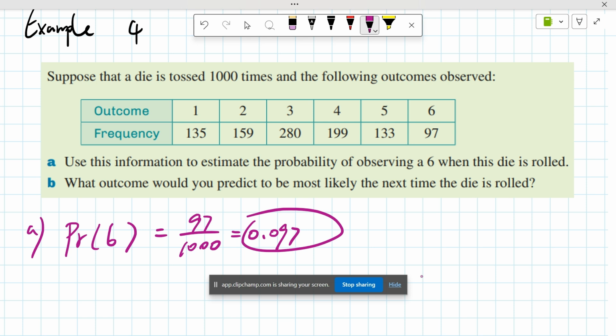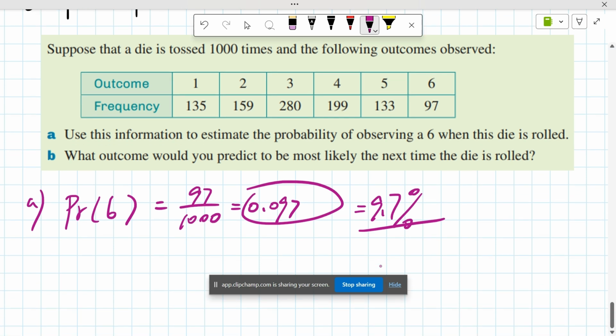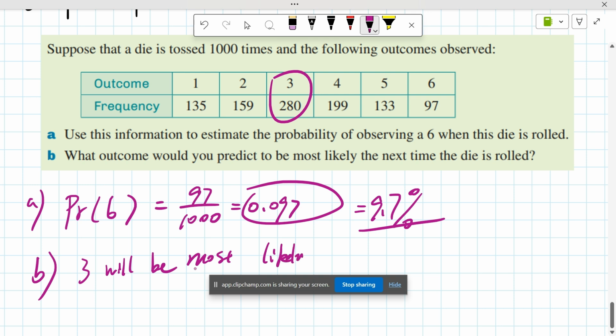So use decimals, or we can say 9.7%. And what outcome would you predict is most likely the next time the die is rolled? You can say the one with the largest number, so 3. So 3 will be most likely rolled next time.